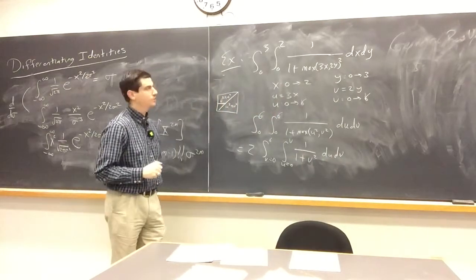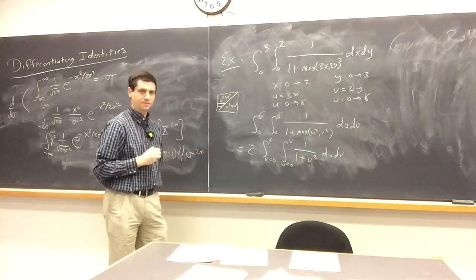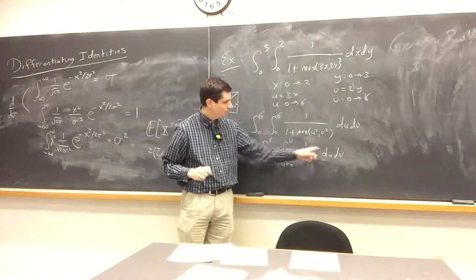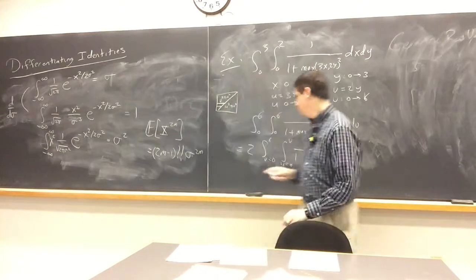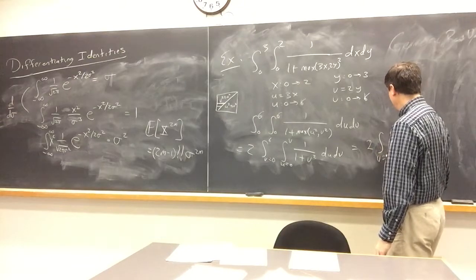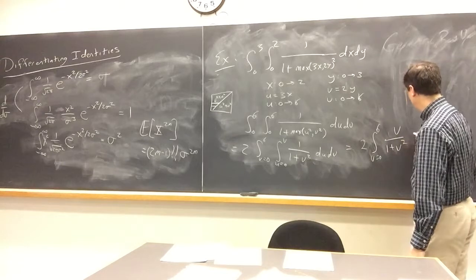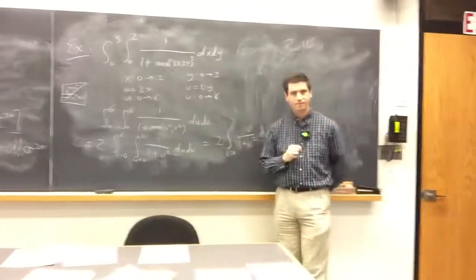So I'm now just using Calc 3, and I'm just integrating in slices like this. And what's nice is when I do the u integral, I'll get v. And so this is going to be twice the integral, v goes from 0 to 6, of v over 1 plus v squared dv.